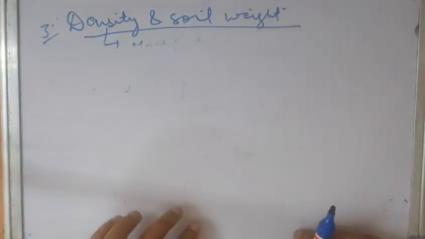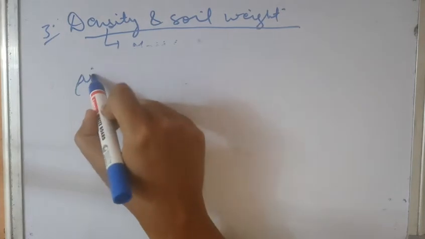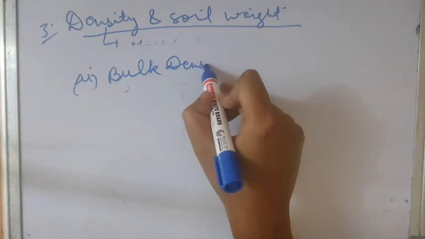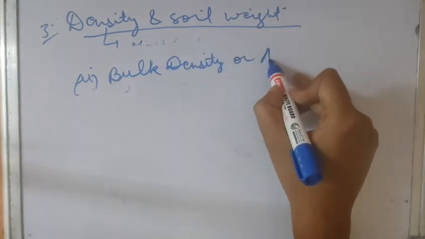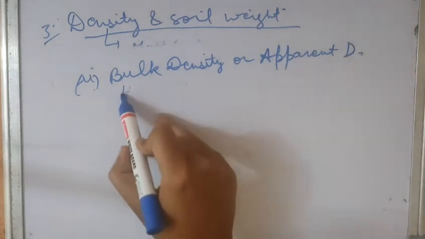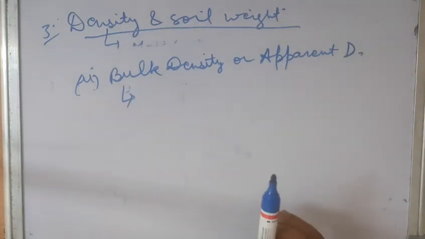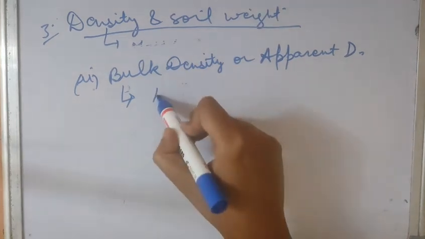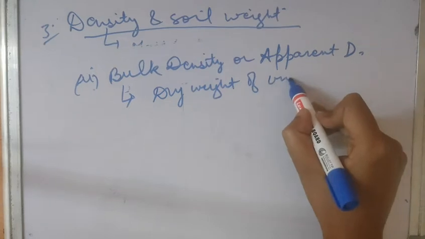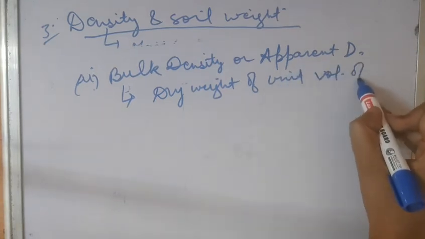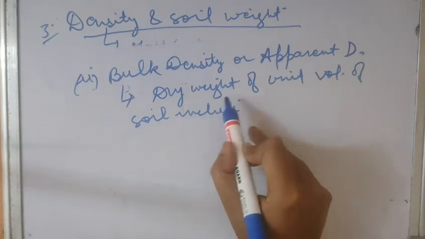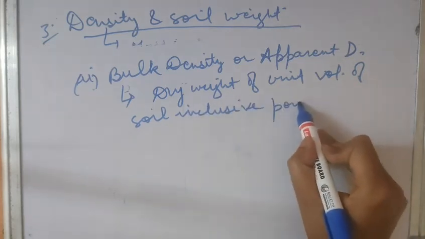Now moving on to the second term after particle density, we have bulk density or apparent density. What is it? It is the dry weight of unit volume of soil inclusive of pore spaces, that is, it also includes pore spaces.